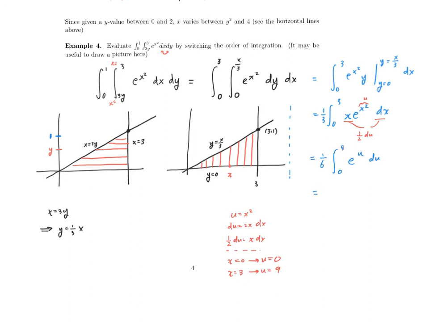And remember, whenever we are evaluating a definite integral with a u substitution, as tedious and as unnecessary as it might seem at the moment, we always switch around our limits of integration. When we get to more involved double integrals and triple integrals, you will be very happy that you have done so. So lastly, the antiderivative of e to the u is e to the u. We evaluate from 0 to 9, so we get 1/6 times the quantity e to the 9 minus 1.